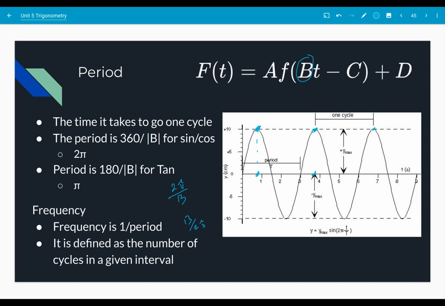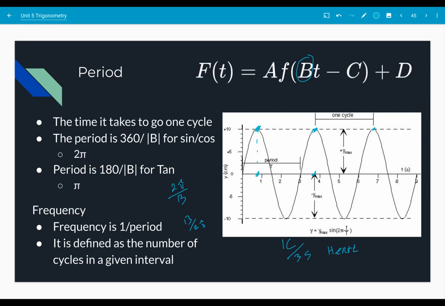So our frequency is 1 cycle in 3 seconds. Or cycles per second, which is frequency. It's measured in hertz. So you're used to hearing that.